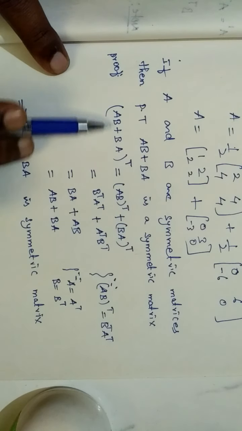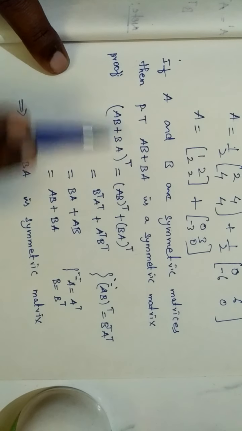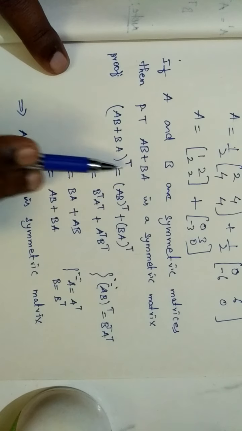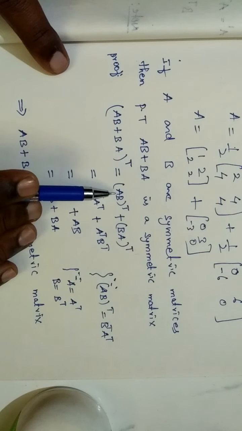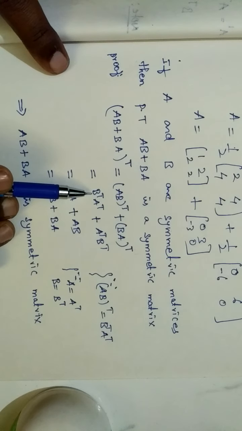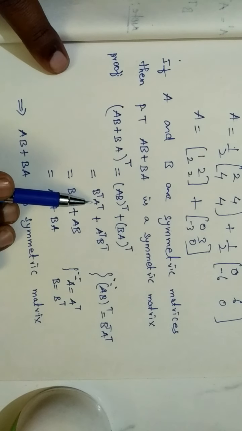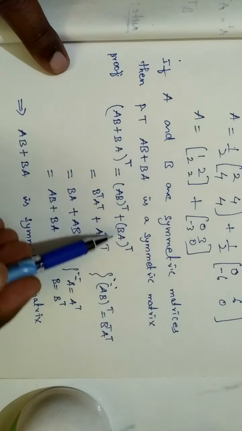Okay, so AB plus BA, the whole transpose, you can write as this one's transpose separately and this one's transpose separately. There is a proof we have just seen in the notes. AB the whole transpose, you can write as B transpose into A transpose, plus again BA the whole transpose, the order will be changed again.